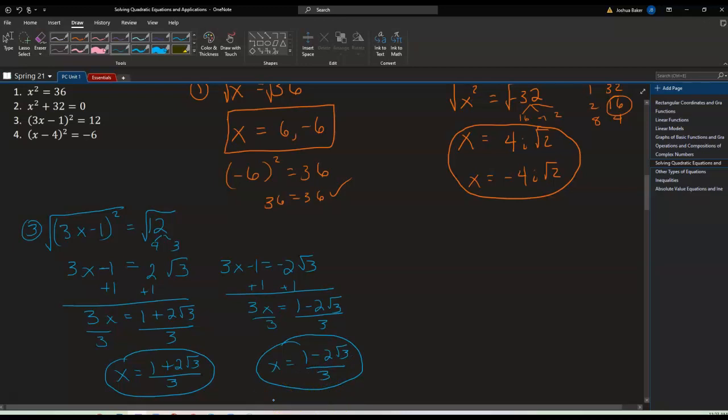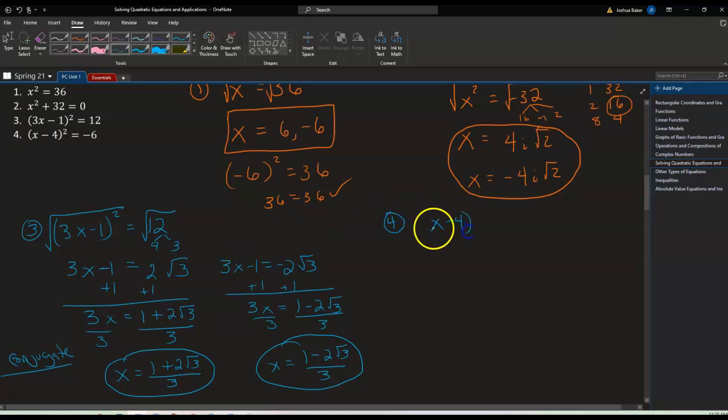Whenever you have either complex solutions, where we've got an i, or irrational solutions, that is going to be the only difference. These are called conjugates of each other. I don't know that you necessarily need to know that term, but I wanted to give that to you.